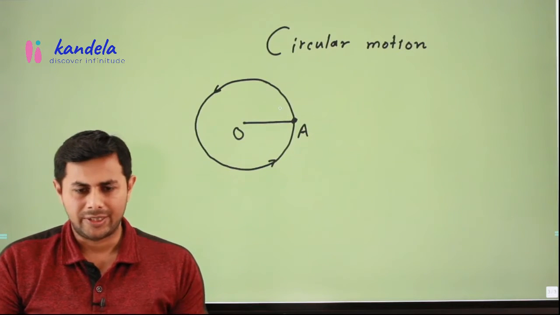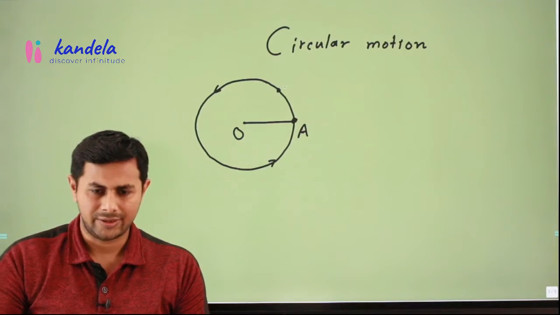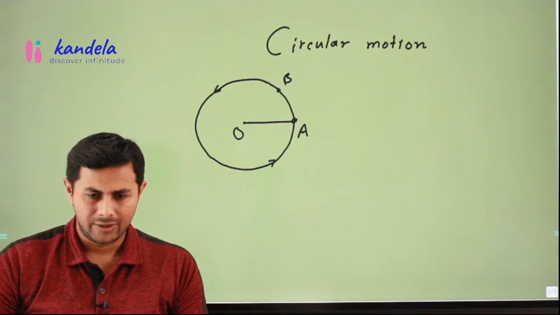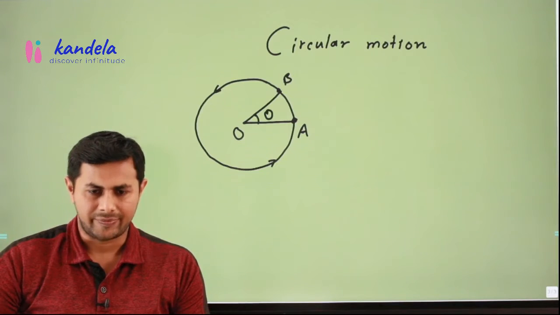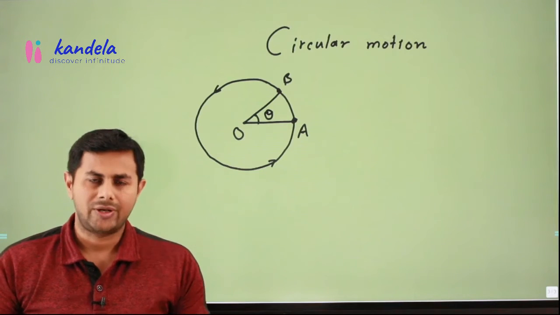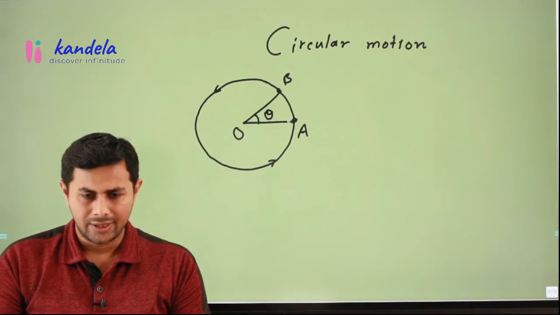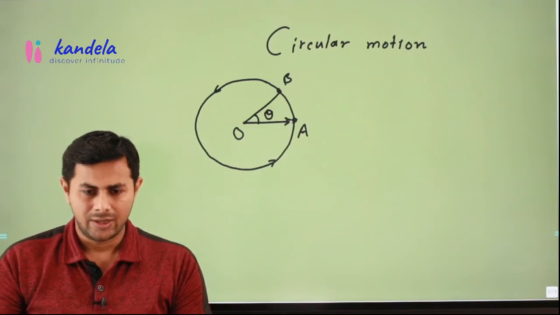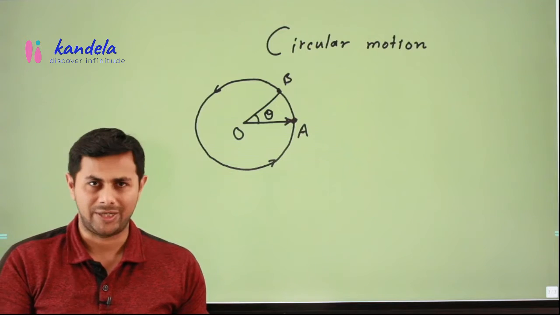In some time t, the particle will move from this point A to some other point, let's call it B, and let's suppose this angle is theta. If we draw a vector starting from the center of this circle to the position of the particle, then the angle through which this vector moves is known as angular displacement.